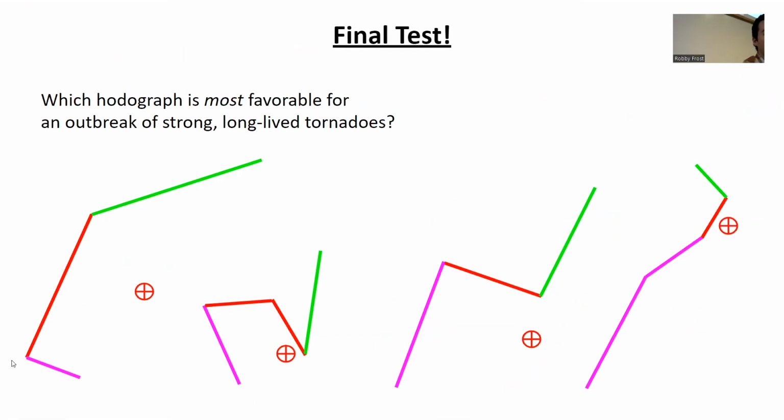So really, out of all these four, most favorable for an outbreak of many long-lived tornadoes. And out of the concepts that we talked about, right, how to get a strong, long-lived tornado, you're going to generally be more favorable with stronger low-level shear, more streamwise vorticity. So in this case, our vorticity is streamwise, but there's not a lot of it.